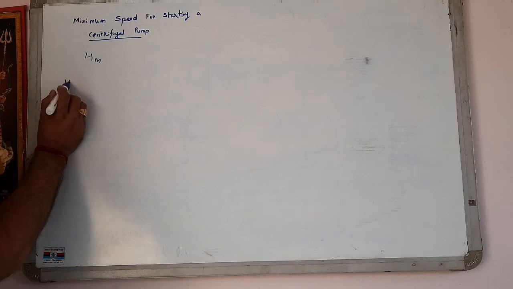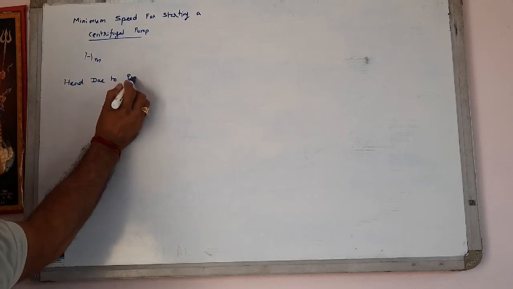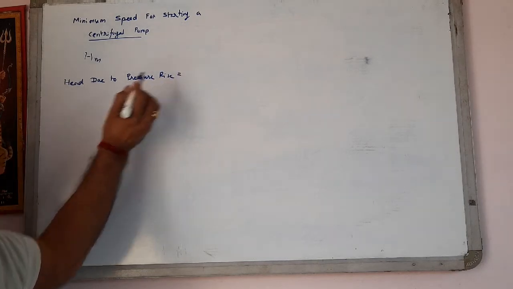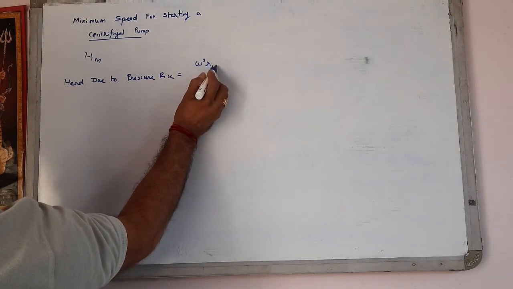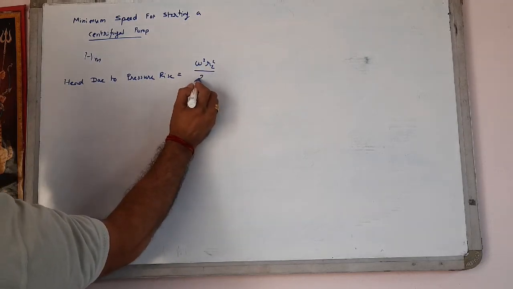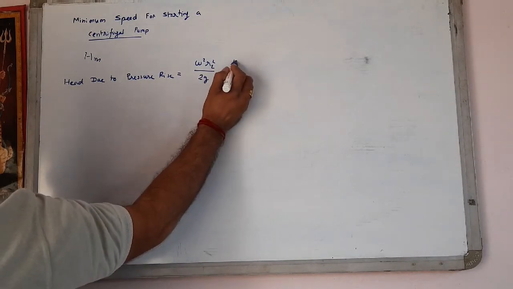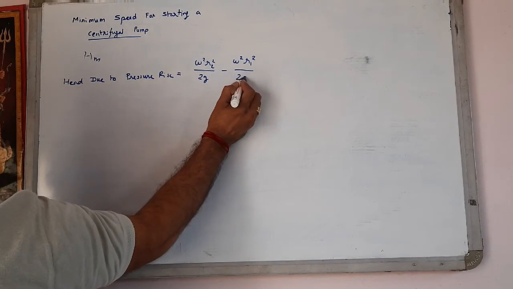In the case of forced vortex, the centrifugal head, or head due to pressure rise, is equal to omega square R2 square by 2G minus omega square R1 square by 2G.